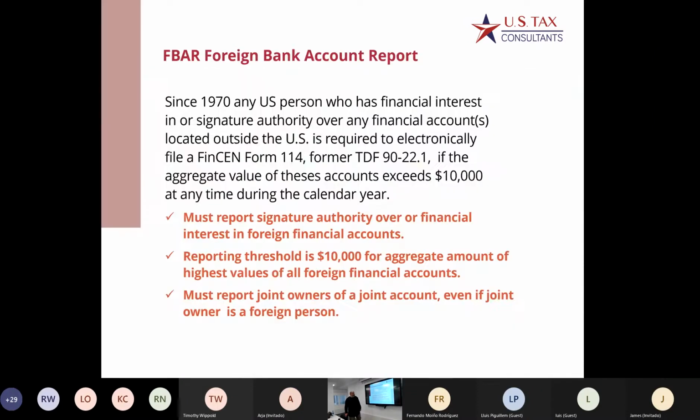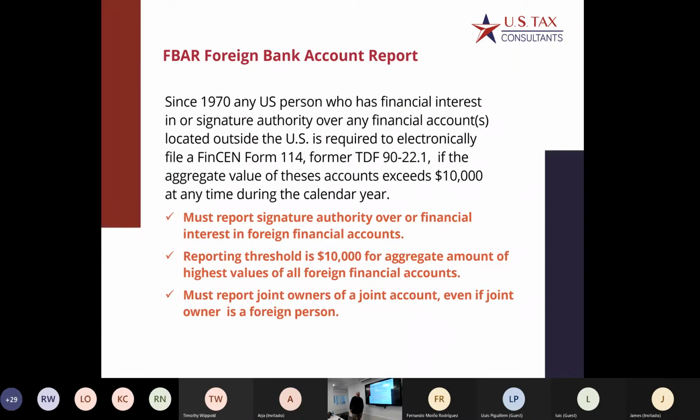And the FBAR, as you know, is the report that you have to file for all your bank and financial accounts that you have abroad, outside the USA, and the threshold is $10,000, the aggregate amount of all the values of all the bank accounts that you have. So if you have two accounts, one with 5,000 and one with 6,000, then you have to report all your accounts.